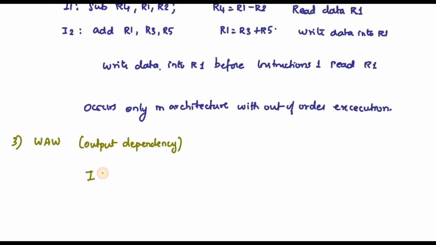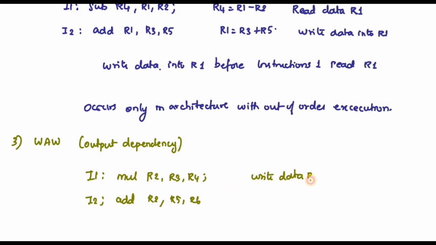Here the first instruction is multiplication R2, R3, R4, and the second instruction is add R2, R5, R6. So it will write the data into R2, right? So here also it is writing data of R2.